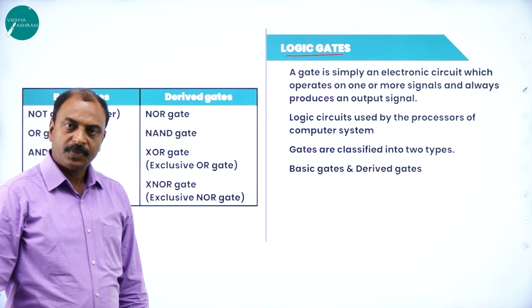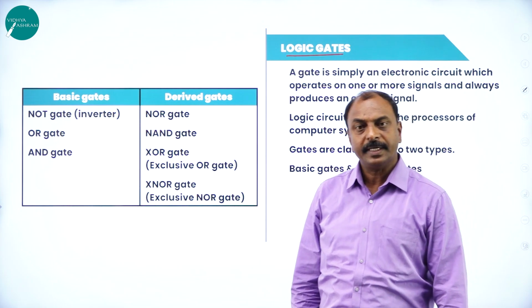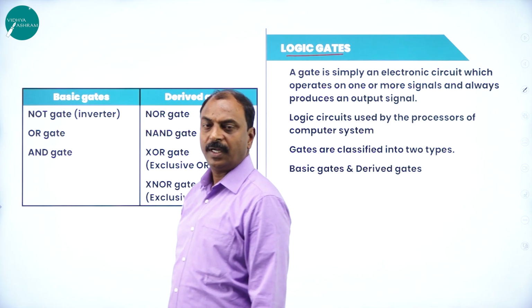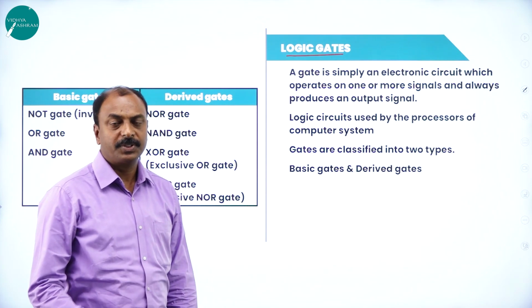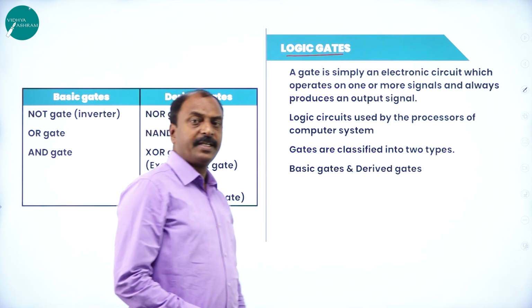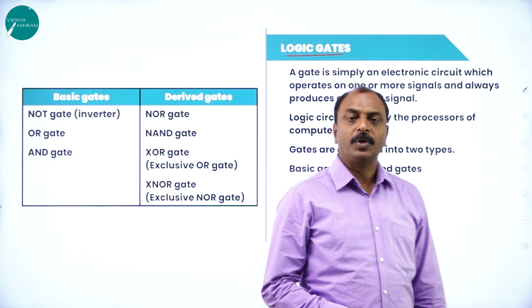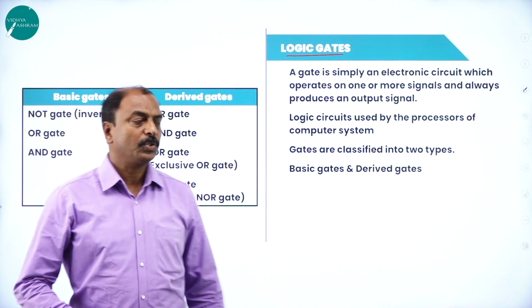In this chapter we are going to talk about logic gates. Logic gates are nothing but electronic circuits, and this is what we have inside our microprocessor or integrated circuit chips. Inside an IC chip, there are a number of electronic circuits, all made up of different types of gates.